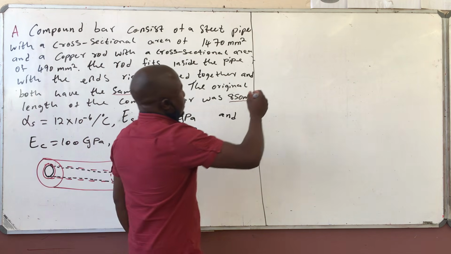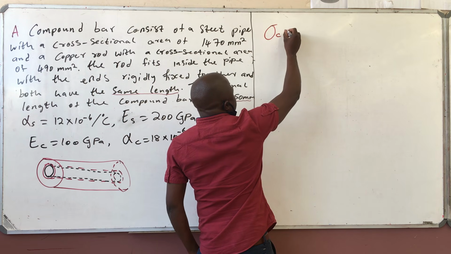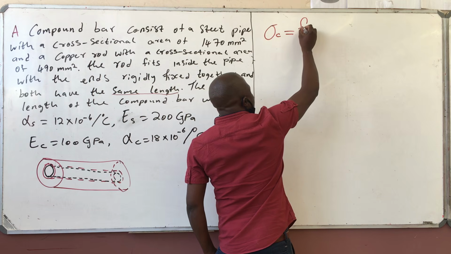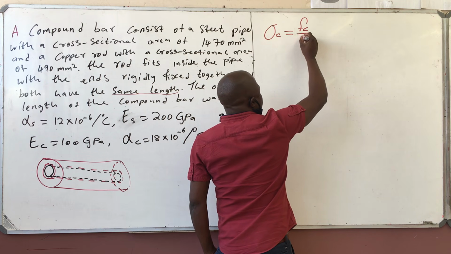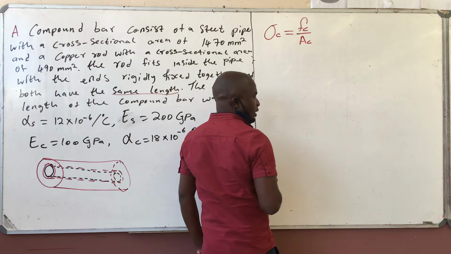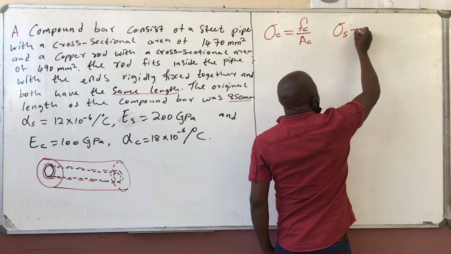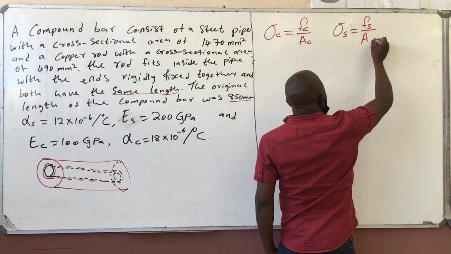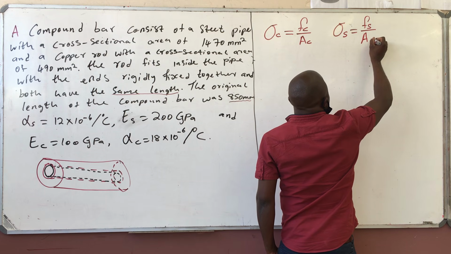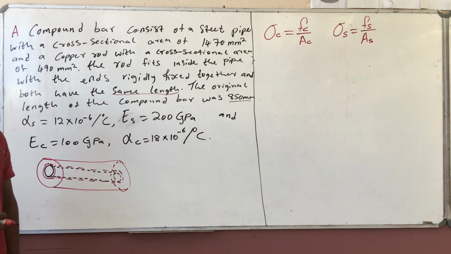We know that stress in copper is equal to the force applied in copper over the area of copper. The same applies to steel: stress in the steel is equal to force in steel over area of steel.